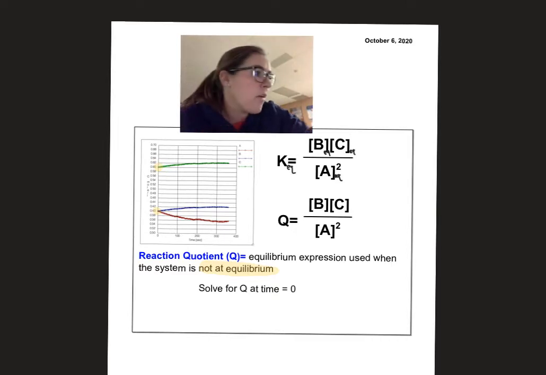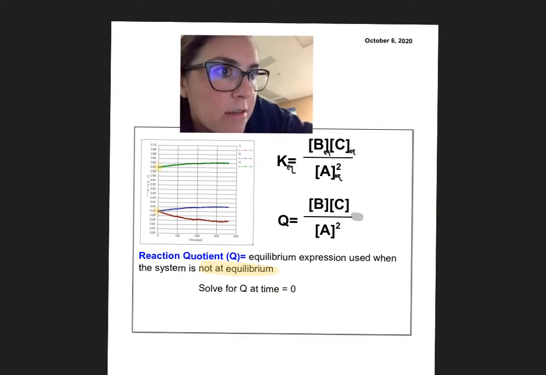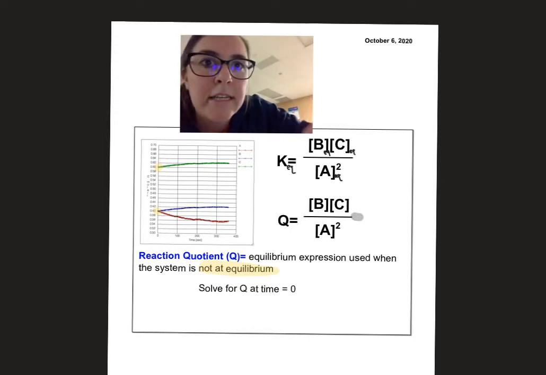Okay, so Q is going to be equal to, it looks like at the beginning, my B is 0.4.